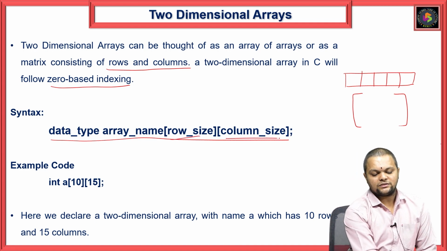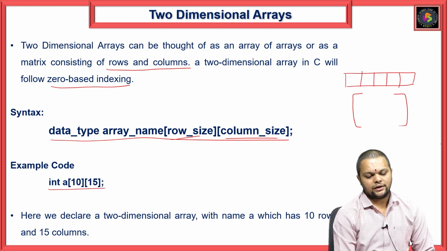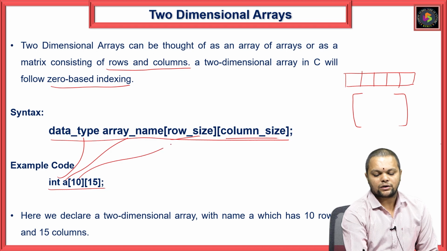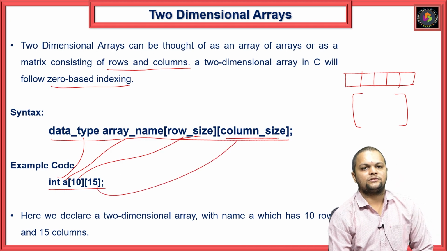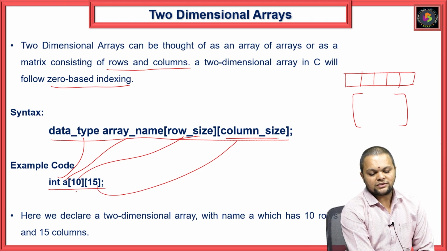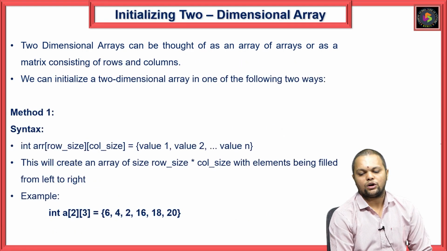This is a sample example of how to create a two-dimensional array. Here, int is the data type, a is the name of the array, 10 is the row size, and 15 is the column size. This represents that we have created an array of 10 rows and 15 columns.